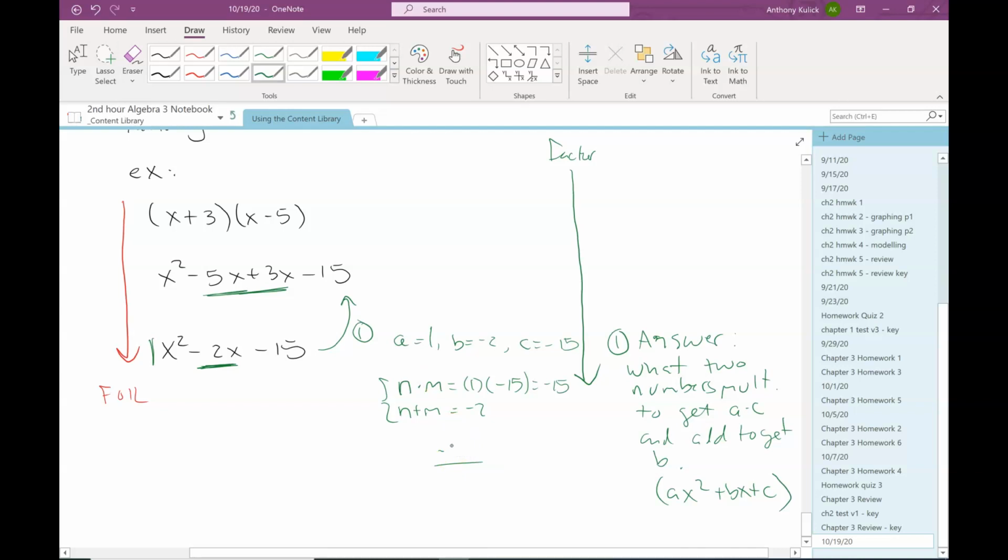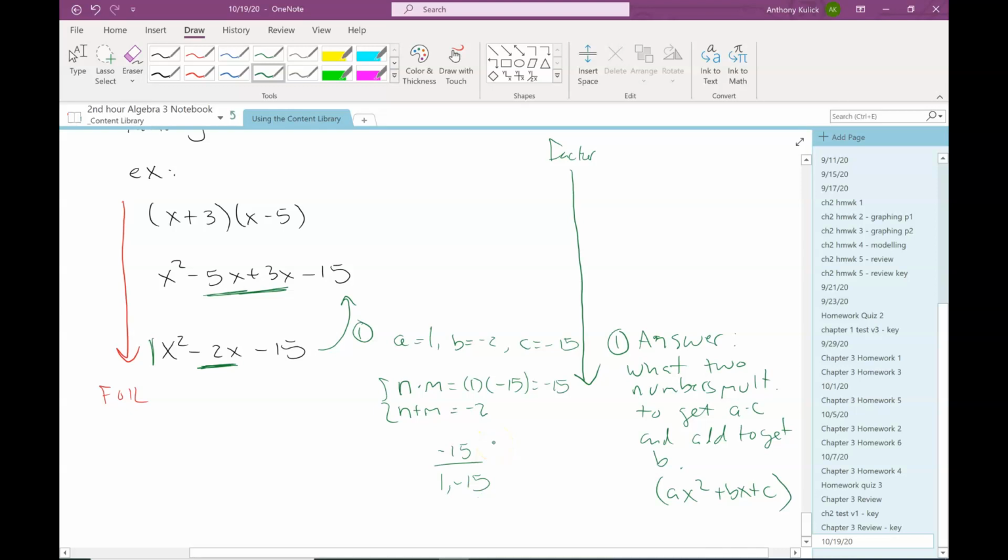So things that multiply to give me negative 15. Well, how about 1 and negative 15? Do those add to give me negative 2? No. How about negative 1 and positive 15? Do those add to give me negative 2? No. What's another pair of numbers that multiply to give us 15? 3 and 5.